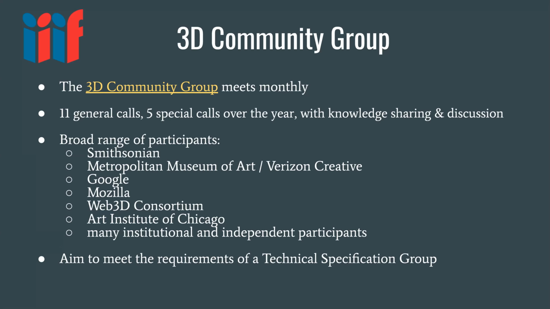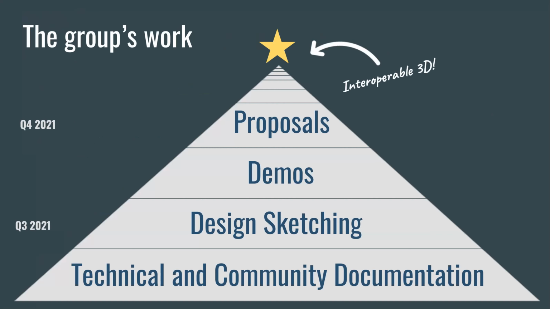And we have started the process to work toward, and we aim to fulfill the requirements to start, a technical specification group for 3D in IIIF. This is roughly what we've mapped out. Some of you may have seen a version of this before.